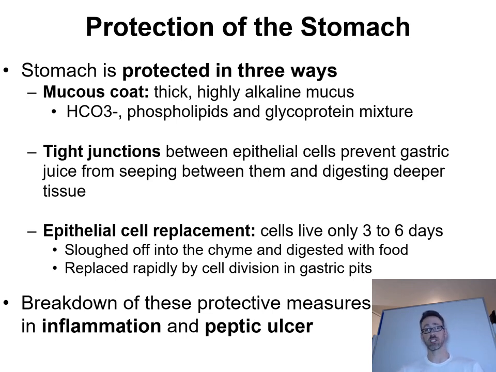There are also tight junctions between the epithelial cells, so that we don't get acids leaking between the cells, damaging the underlying tissue. And then we also get rapid turnover, so epithelial cell replacement. The cells only live 3 to 6 days because it's a very rough environment. They get sloughed off and enter into the chyme, and we just digest the cellular material and debris as we would any other type of material that we ingest.